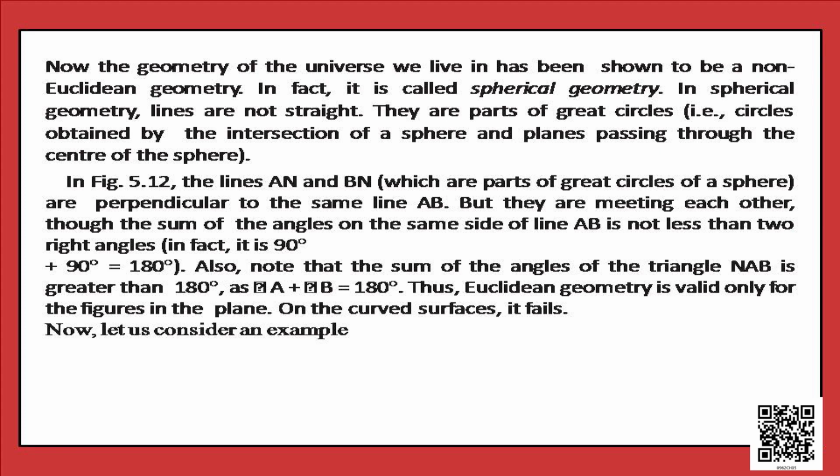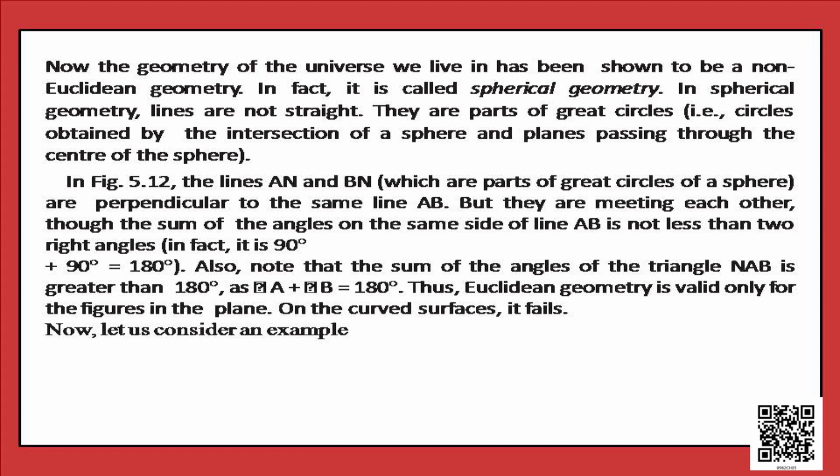As given in your book, in figure 5.12, the lines AN and BN, which are parts of great circles of a sphere, are perpendicular to the same line AB, but they are meeting each other, though the sum of the angles on the same side of the line AB is not less than two right angles.